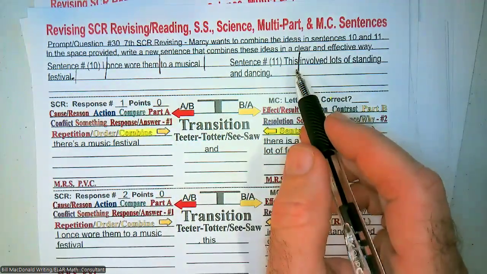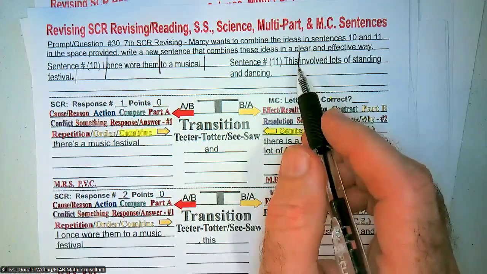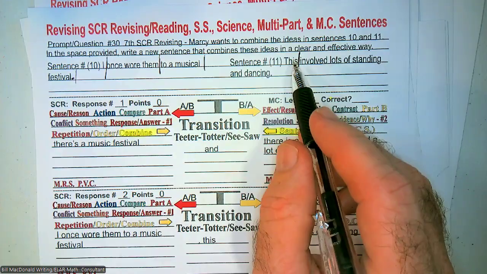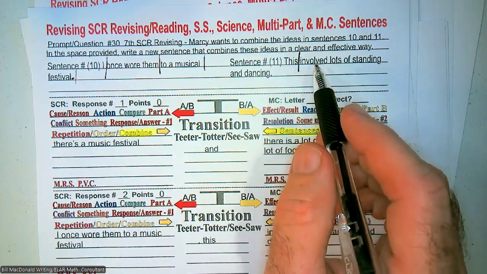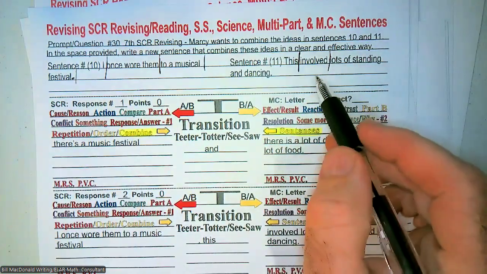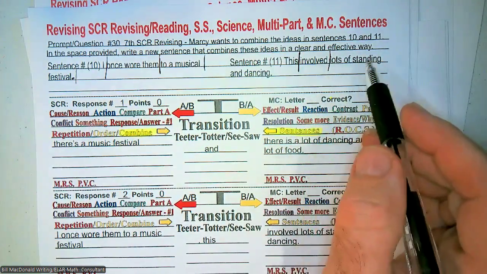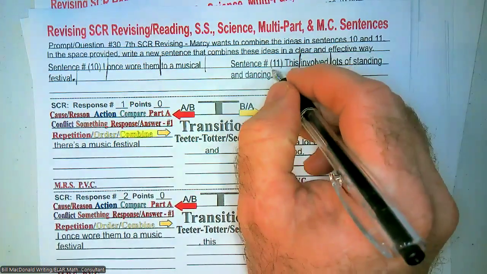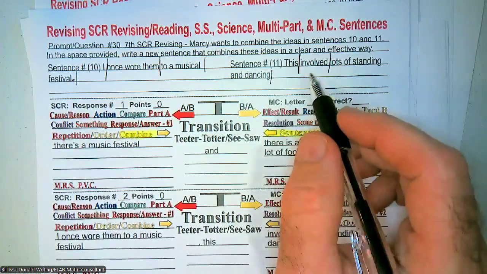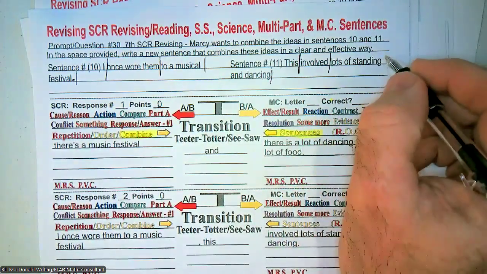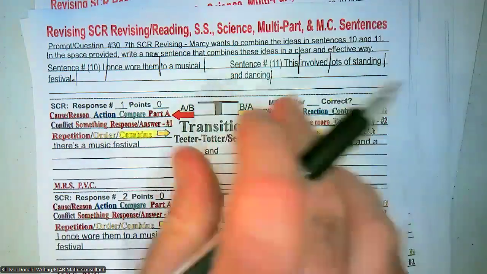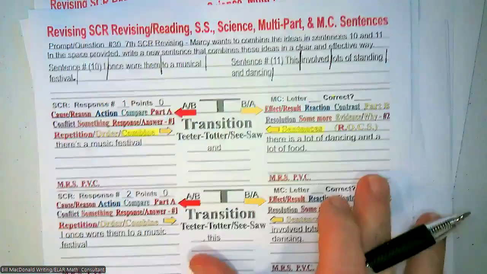And so that's the reason that we're going to combine the sentences to bring clarity to whatever this was in some way. Involved, what? Lots of standing and dancing, because it's 2 different things. We would need both of those things to be there. Standing, and if you want to separate them, that's fine. You have to have standing though and dancing. So we have to figure out, how do I bring those sentences together?